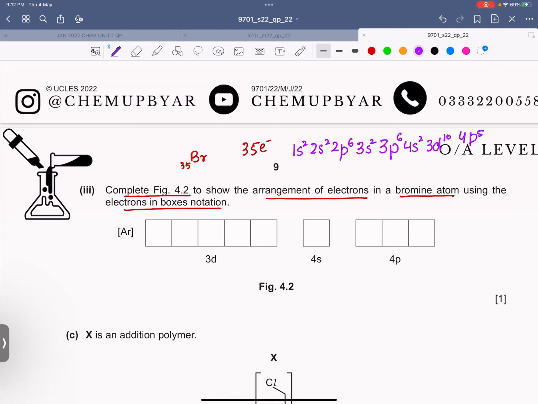So 5 electrons are filled in 4p5. See, there are 30 electrons, and here they have mentioned argon, which means they have mentioned that this electronic configuration is for argon over here. So we have to fill these orbitals only.